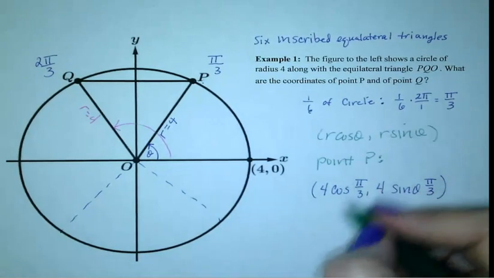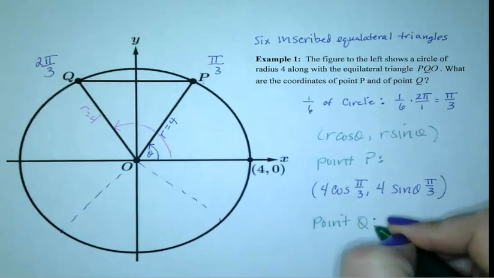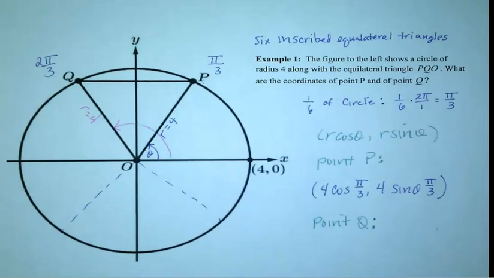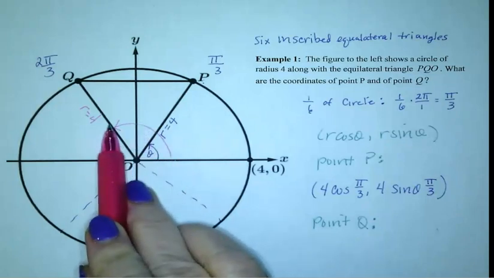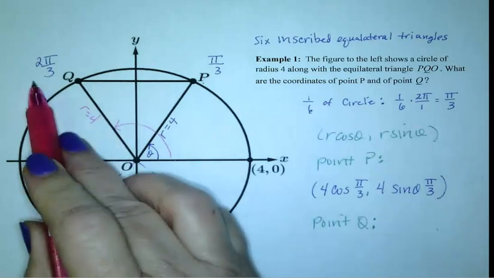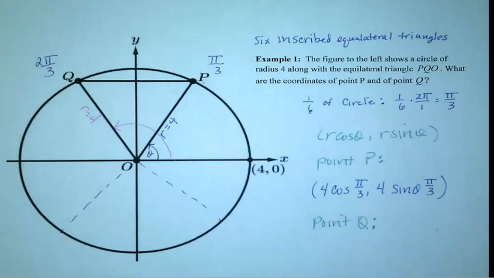All right, then the second point was point Q. And so as we are looking at this, we're talking about the positive x-axis here opening all the way to the terminal side. And where is the terminal side at? What radian measure? 2 pi over 3. What's the radius here of this angle? Still r, because we learned in geometry that there are an infinite number of radii in a circle and they all have exactly the same measure.